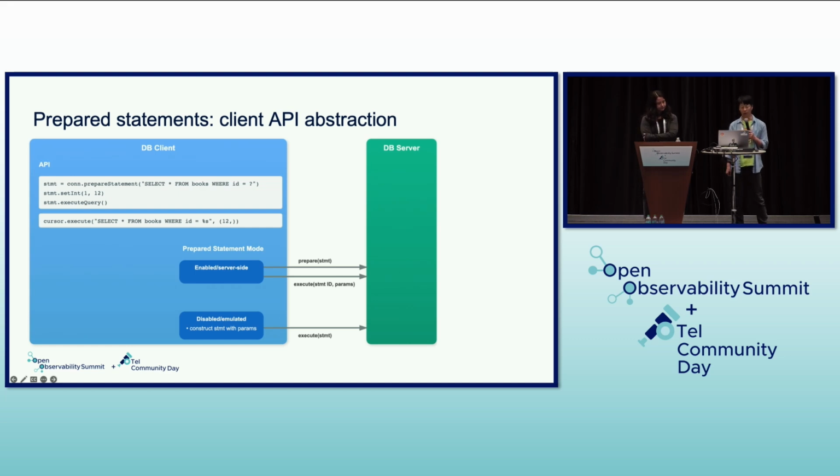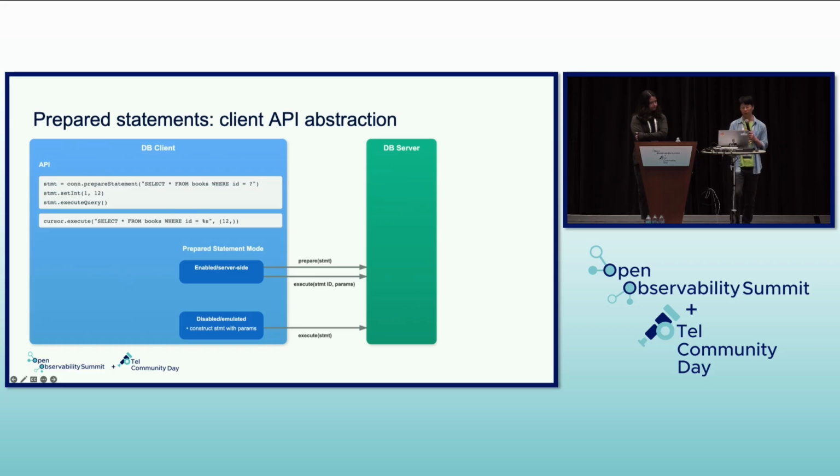You make a prepare call, you bind some parameters, you execute it. Or it could be as simple as you just make an execute call with the placeholders. And if it's in actual prepared statement mode, it will go and do the prepare and execute.